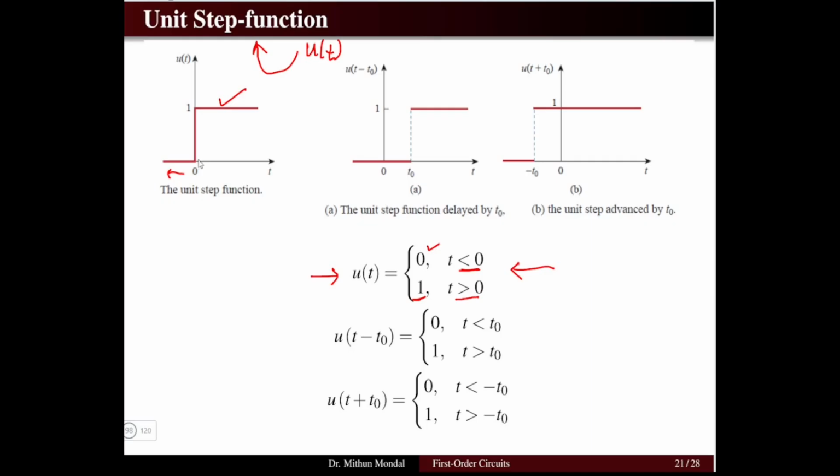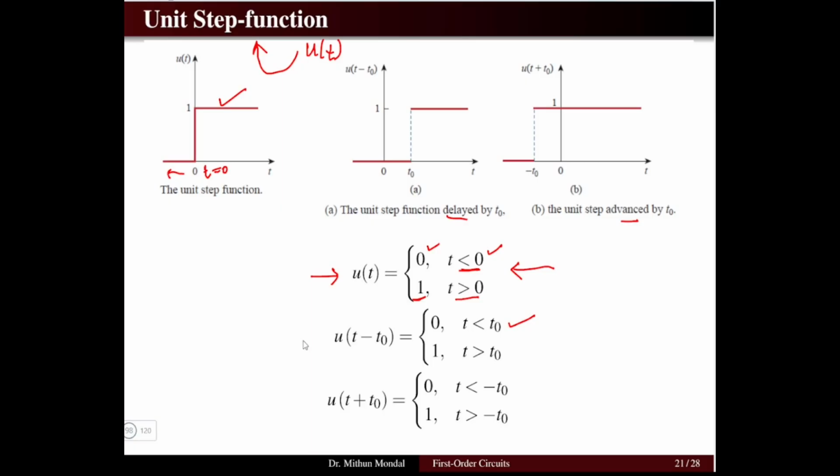However, this switching operation has occurred at time t equal to 0. If the switching operation is delayed or advanced, then what will happen? The 0 time will be converted to t naught. T naught can be anything, whether it is 2 seconds, 3 seconds or 5 seconds.